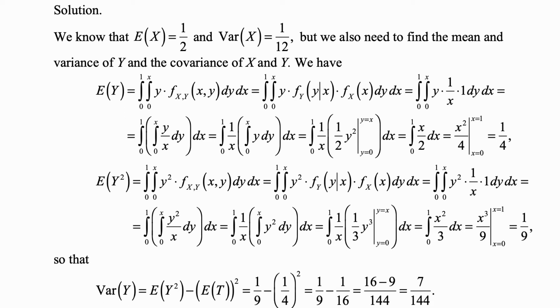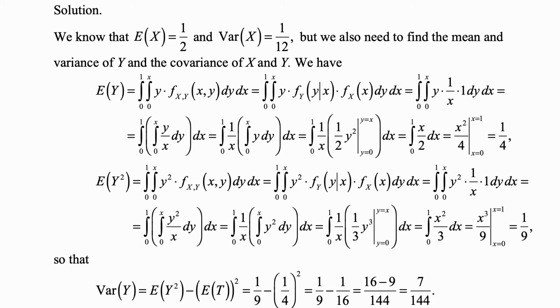Well, okay. E of y is the integral from 0 to 1 for all values of x, of the integral from 0 to x for all values of y, of y times the joint density of x and y, dy dx. So it's the integral from 0 to 1 of the integral from 0 to x of y times f sub y of y given x times f sub x of x, dy dx.